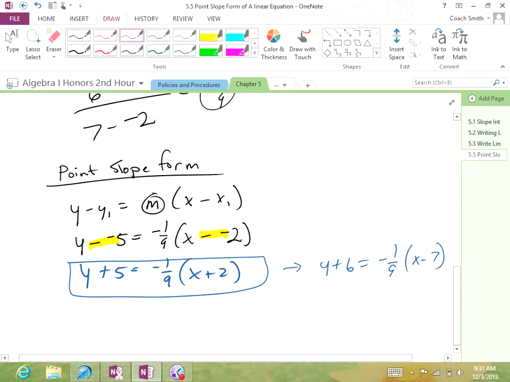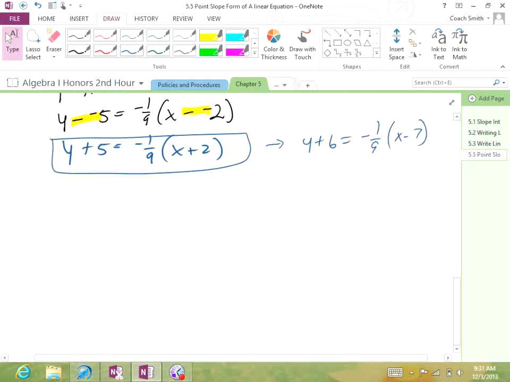Either one of those would be acceptable answers when they're wanting point slope form. Now, that's probably the harder one of the group.